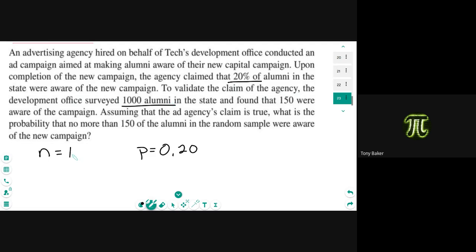So we looked at 1,000 people, right? So that's N. And found that 150 were aware of the campaign. So that means my X is 150. Right? Okay. Let's do the calculations.